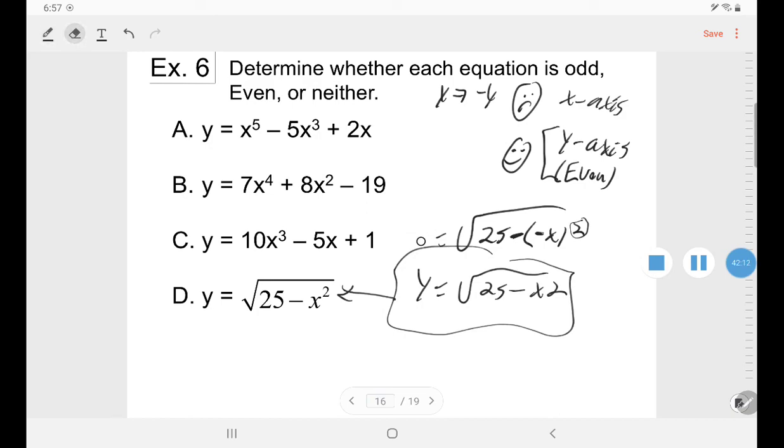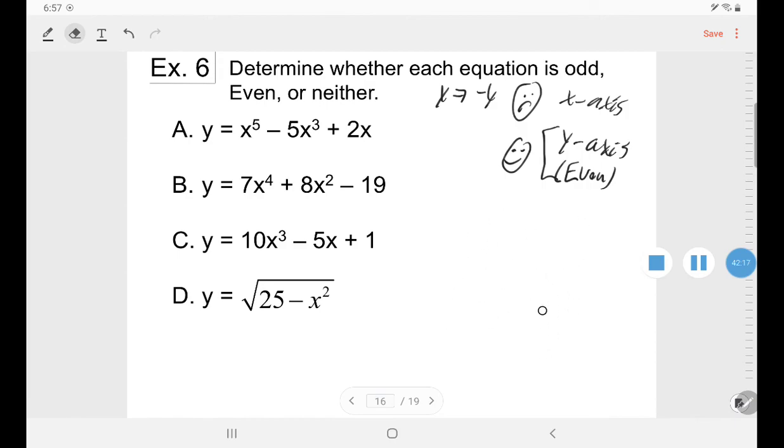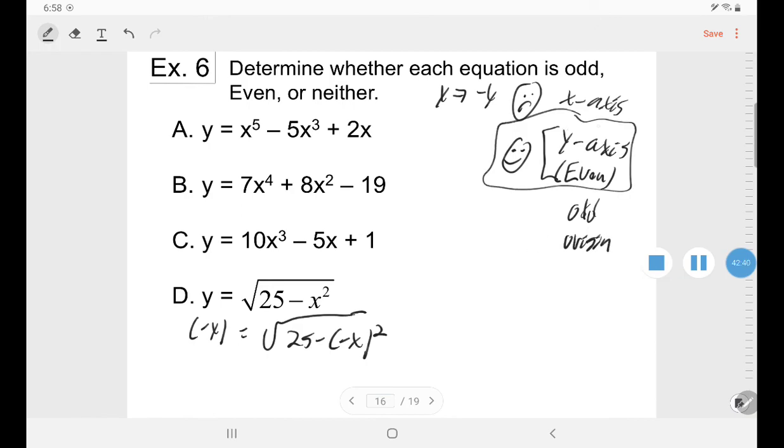Okay, let's test it to see if it's an odd function. Again, I'm not just going to use the powers because, you know, it's funky. It has that square root. So if I change the y to negative y, and I change the x to negative x, which is my test for an odd function, which is origin symmetry. So this one's good. We'll see what happens here.